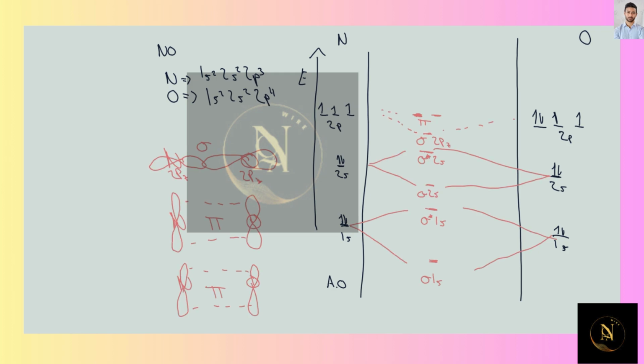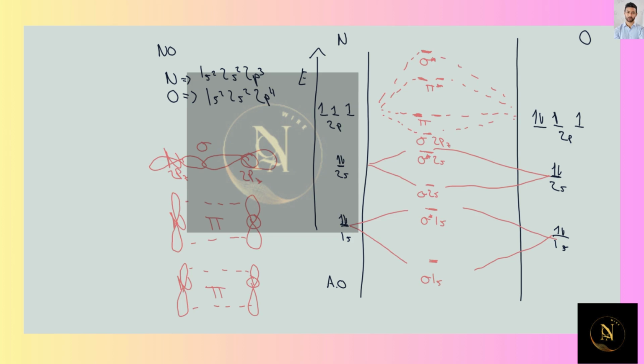And as we generated the bonding versions, we're going to produce an antibonding one as well. So we're going to get the pi antibonding and the sigma antibonding. Remember that antibonding orbitals are written down with an asterisk in front of it.